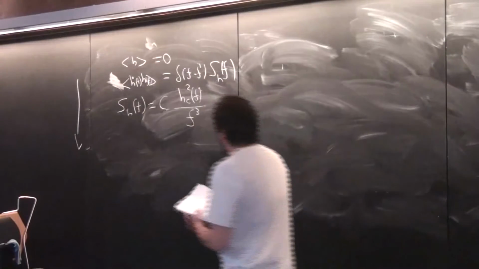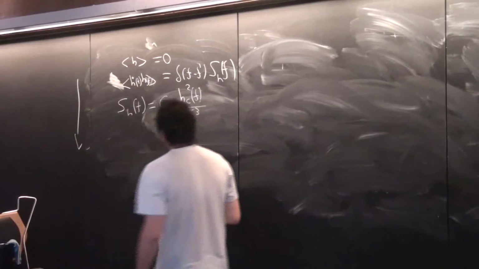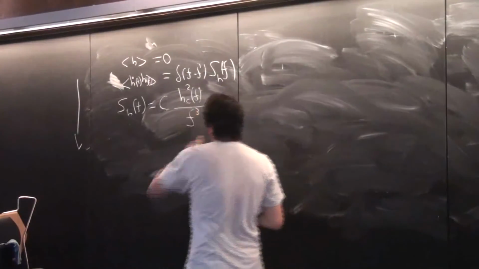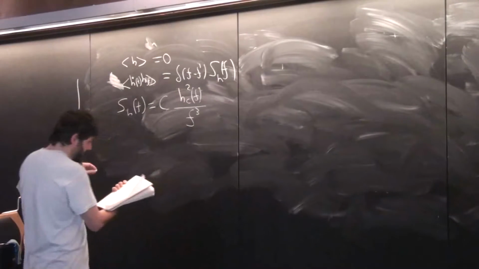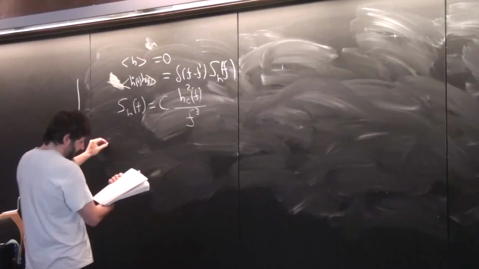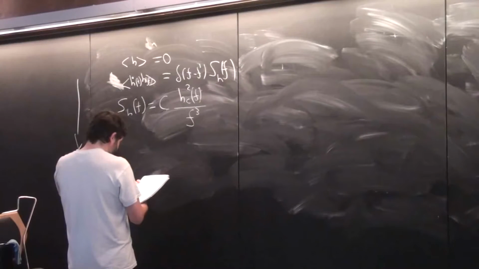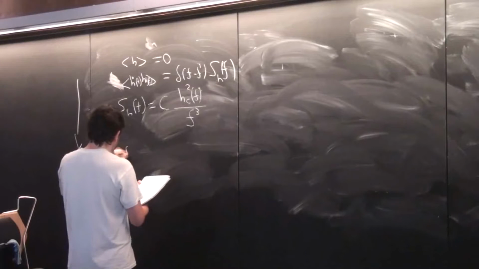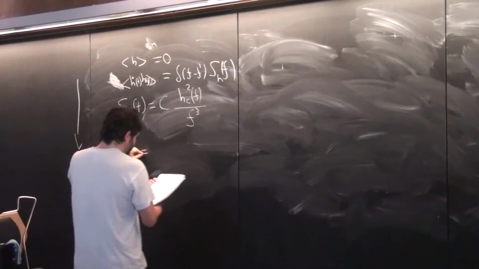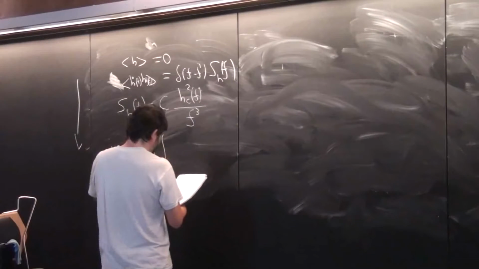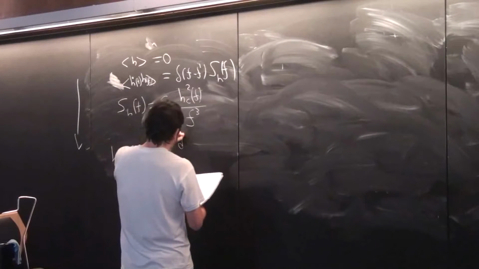Now, for this S_H of f, this h_c squared, if you have a population of massive black hole binaries, it can be shown that h_c of f is given by an integral over the differential number of sources, d3N.